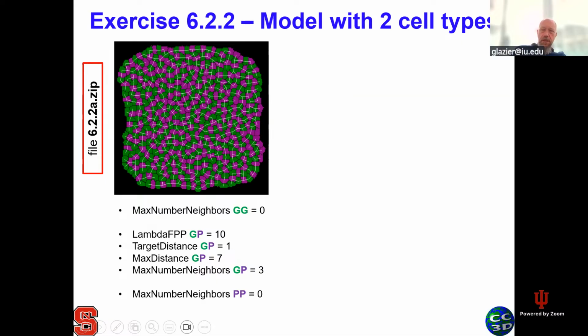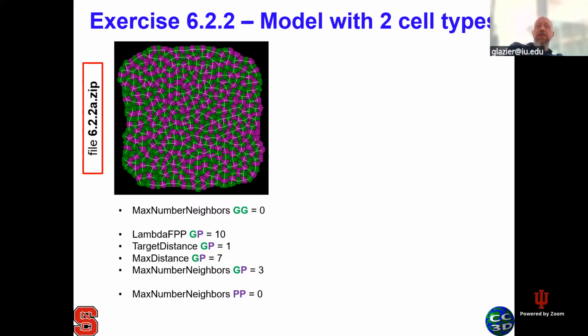The one that he suggested was, well, here he said max number of neighbors for green is 0. So then you'll never have any links between green and green. And then he said lambda green-purple is 10.